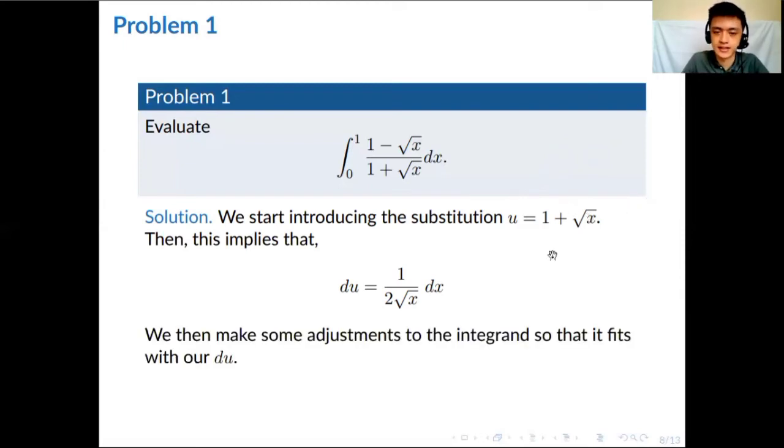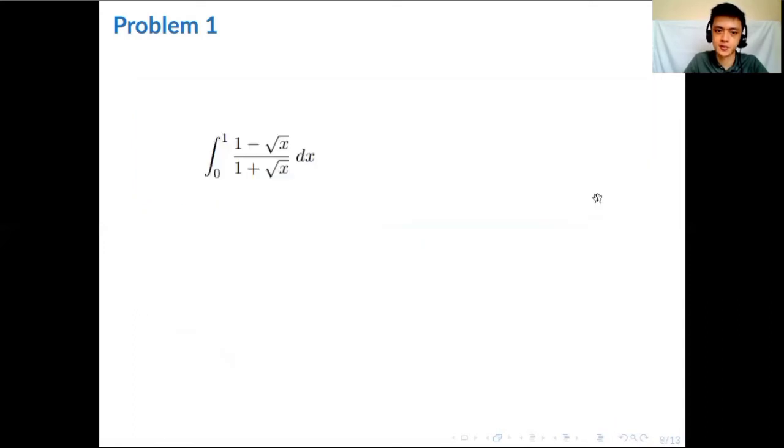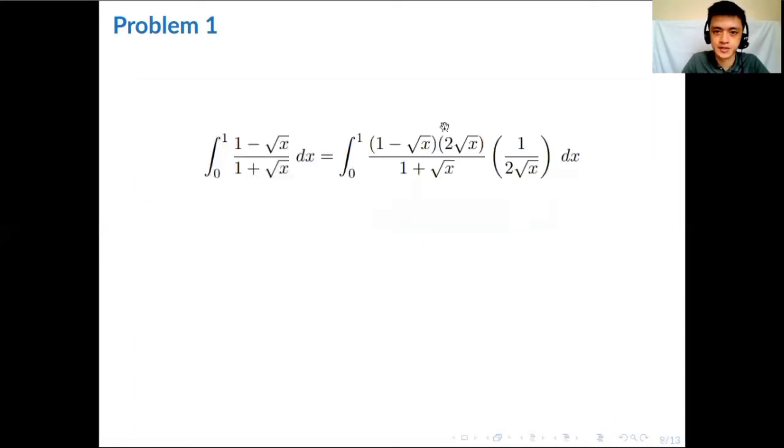And para naman magamit natin yung substitution na to, i-adjust natin yung integrand natin so that papasok yung du. So, yeah, we'll be introducing a factor of 2 square root of x para mapasok natin ito mamaya. So, notice na from this one, nag-multiply tayo ng 2 square root of x and divide by 2 square root of x.